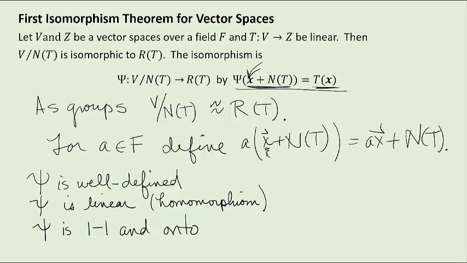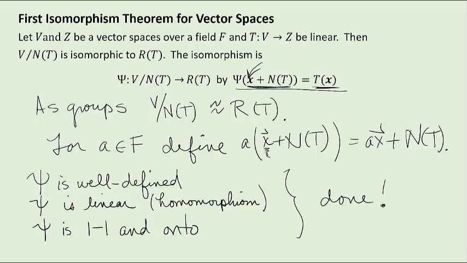We'd need to prove that psi is linear. But we called it a homomorphism. That just meant it preserved the operation, and that's what linear means in the case of the operation of addition. And we needed to prove that psi was one-to-one and onto. The proof is exactly the same, so I'll just say done. We've already done that.